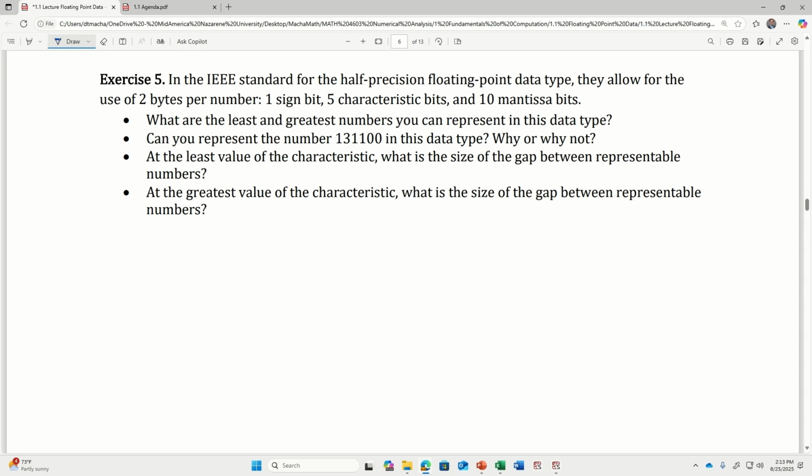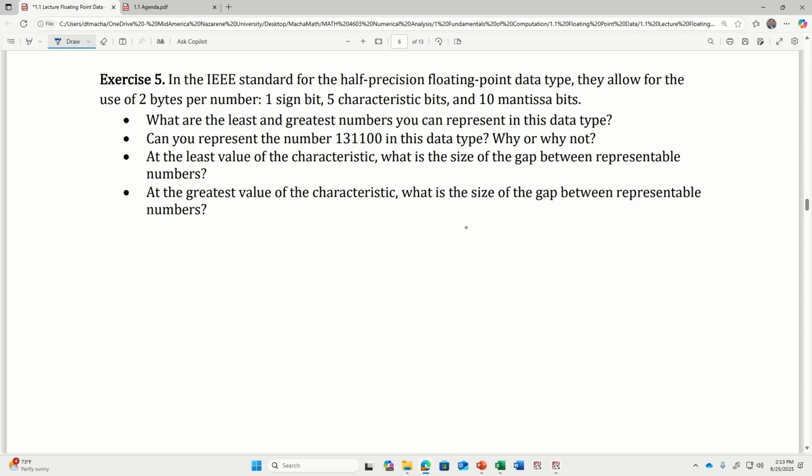They have standards for how to do this. Their standard for the half precision floating point data type allows for 2 bytes. So in your computer's physical memory, you get 2 bytes to store each number. One of them is a sign bit. There are 5 characteristic bits and 10 mantissa bits. That adds up to 16 bits, or 2 bytes.